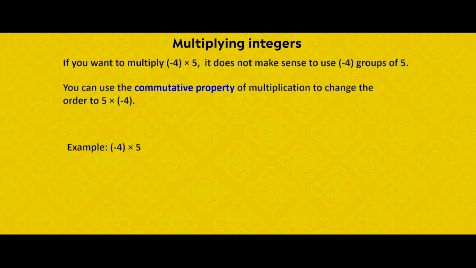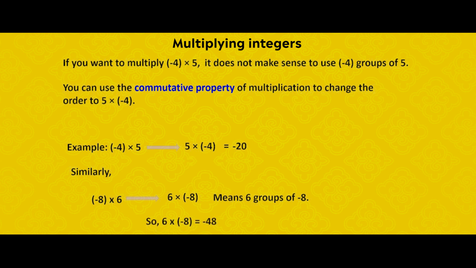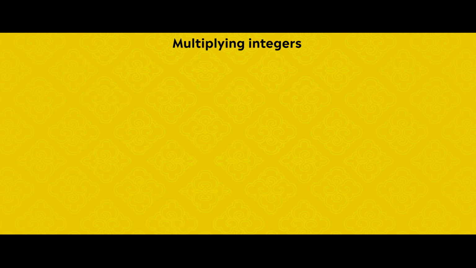Negative 4 times 5, which is written as 5 times negative 4, is equal to negative 20. Similarly, negative 8 times 6, written as 6 times negative 8, means 6 groups of negative 8. So, 6 times negative 8 is negative 48.